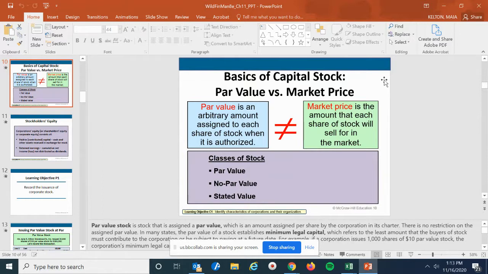The market price is what the company will end up getting for their stock certificates. So here is another important thing. The company will only get cash at the initial public offering.